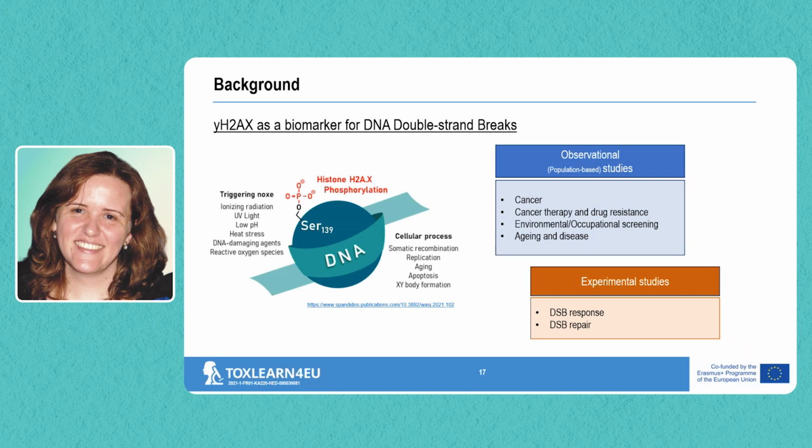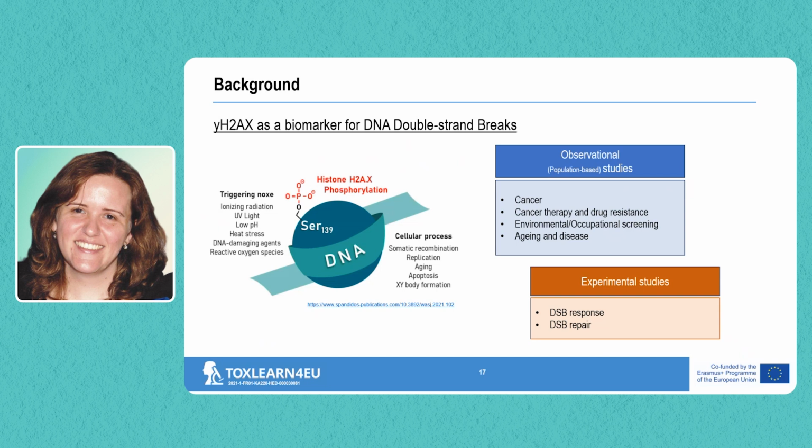When we talk about observational, population-based studies, it was used in populations with cancer, in groups undergoing cancer therapy, to analyze drug resistance, and for environmental and occupational screening. As I was saying, ionizing radiation is one of those examples, as well as aging and disease. And this is because of what I showed you before.